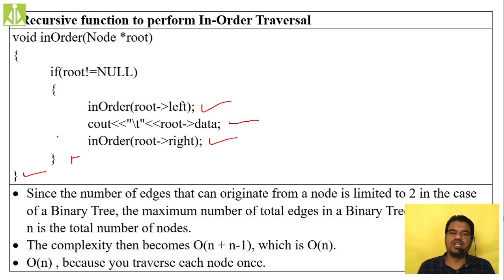Likewise, we continue this operation until all nodes present inside your binary tree are visited. So the time complexity will be order of n, because you traverse each node once. The number of nodes is completely unknown when you are calling this function, so definitely your time complexity will become order of n.